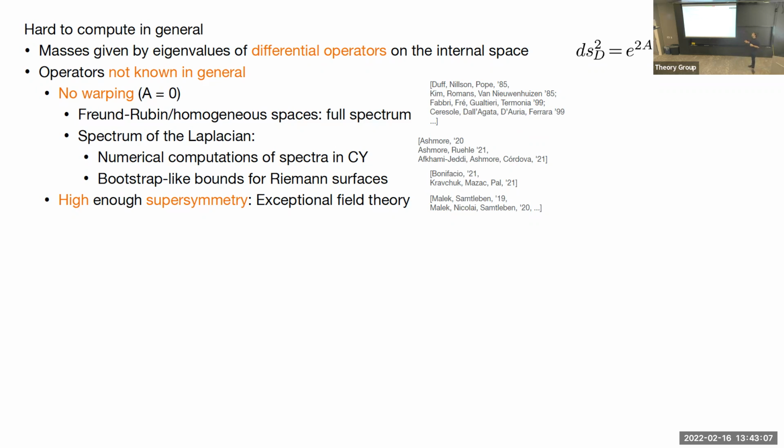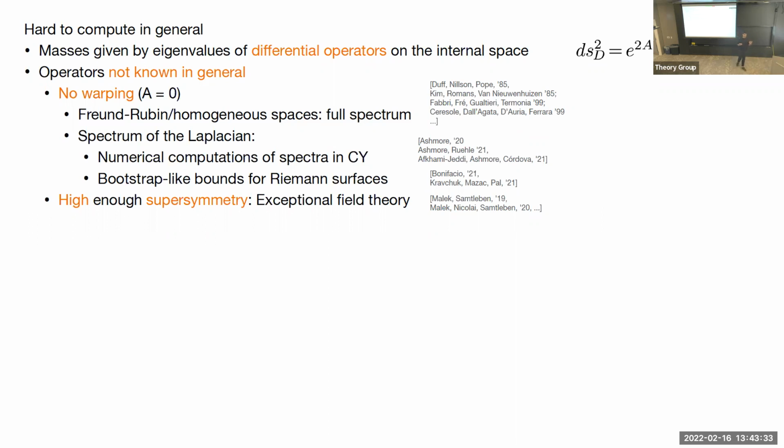An operator that comes up often in the A equals 0 case is just the Laplacian. Even in cases without much symmetry, you can use some numerical techniques, like has been done by people here, or on Calabi-Yau manifolds, or even some bootstrap-like techniques for computing the spectrum of the Laplacian on Riemann surfaces. But all of this is when the warping is 0, and you know the operators at least.